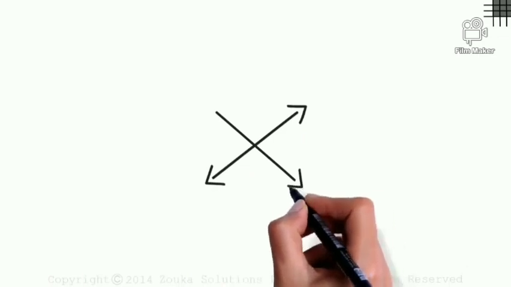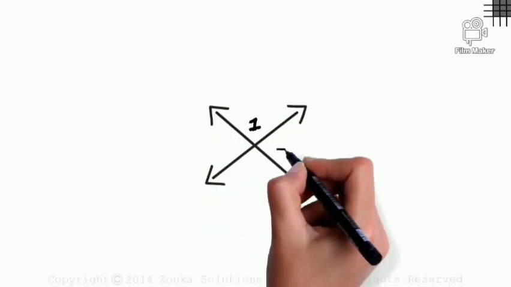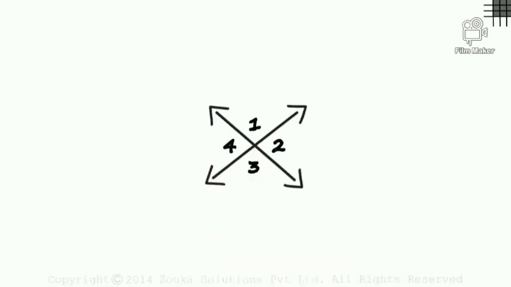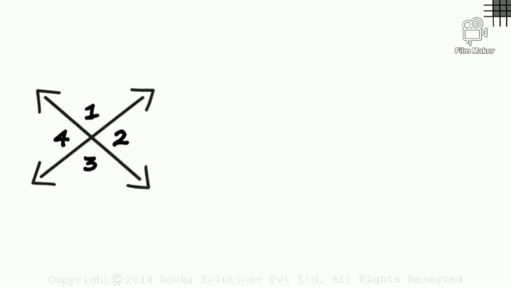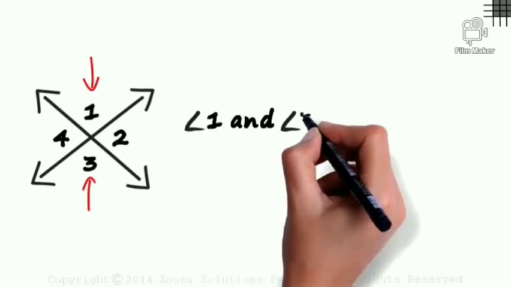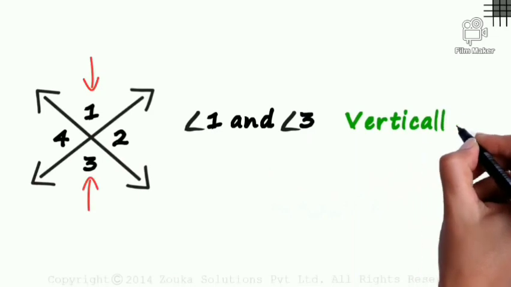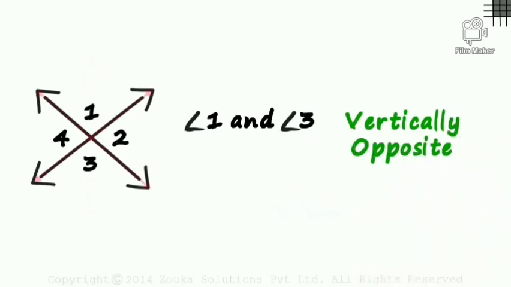Third, we are going to discuss vertically opposite angles. Vertically opposite angles are formed when two lines intersect at a point, and then four angles are formed. Here, angle 1 and angle 2, angle 3 and angle 4.